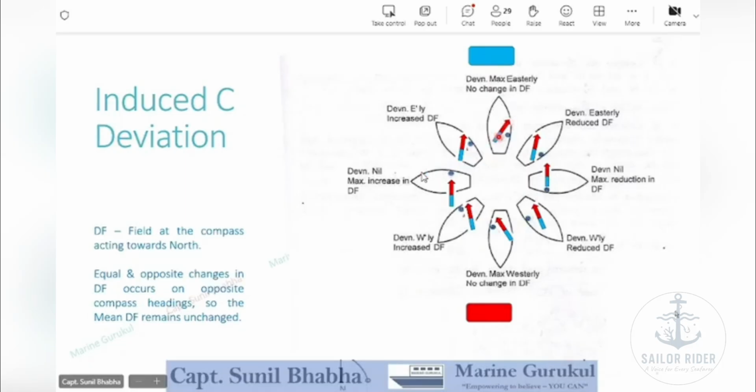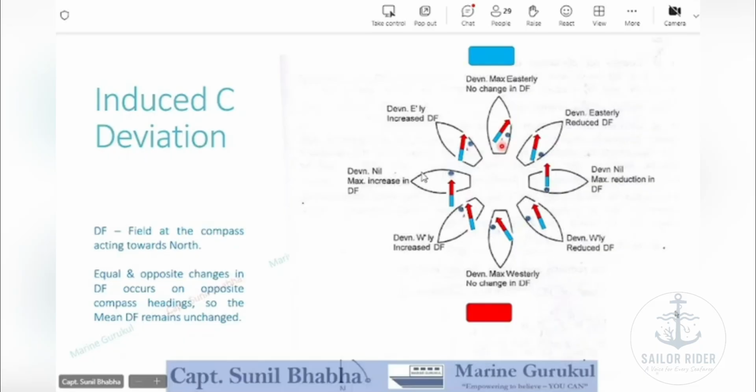This represents our compass needle, and we have a blue pole to the starboard of the compass needle, or to the east of the compass needle in this case. This blue pole attracts the red end or the north end of our magnetic compass needle, and at the same time repels the blue end or the south end of our magnetic needle, thus generating easterly deviation.